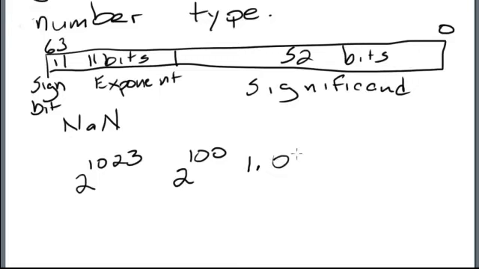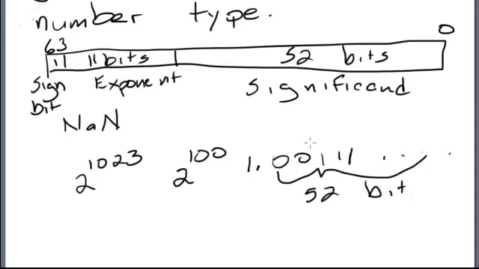So this might be 0, 0, 1, 1, 1, dot, dot, dot, whatever's in here, and that's your 52-bit value. If this is not all 0s, this is how it works. They're going to append this 1 point, so this 1 bit is implicit. That gives you 53 bits of information here. So that's how they snuck in an extra bit.